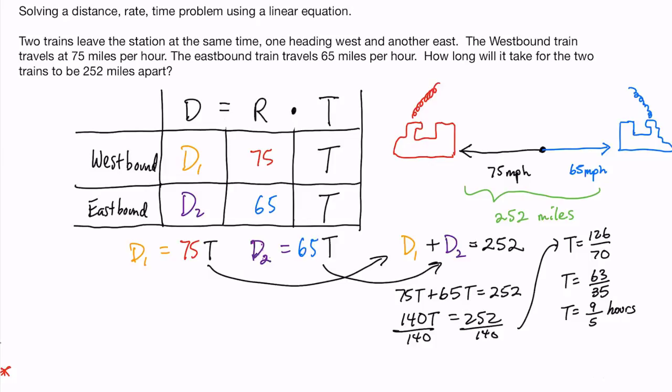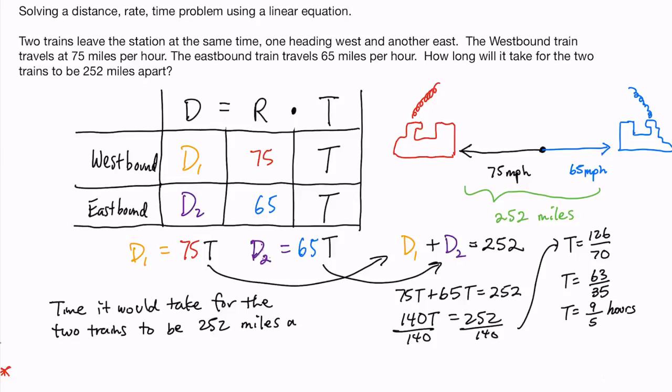Let's figure out what that is. The time it would take for the two trains to be 252 miles apart would be 1 and 4/5 hours.